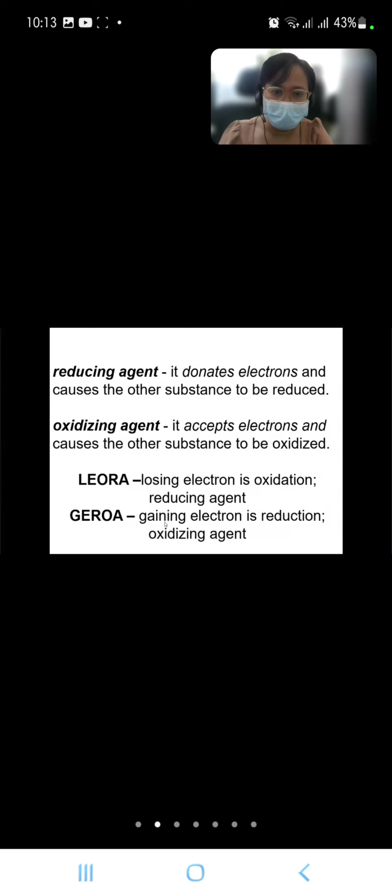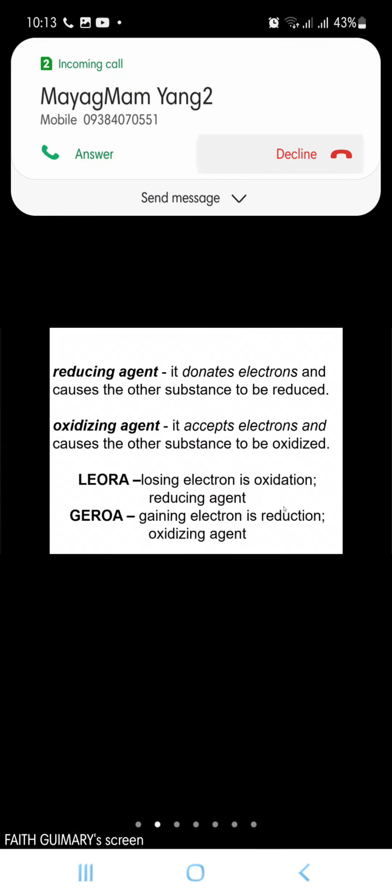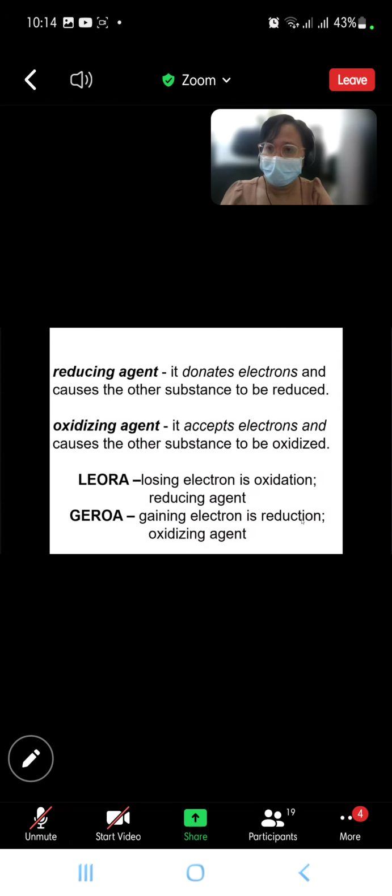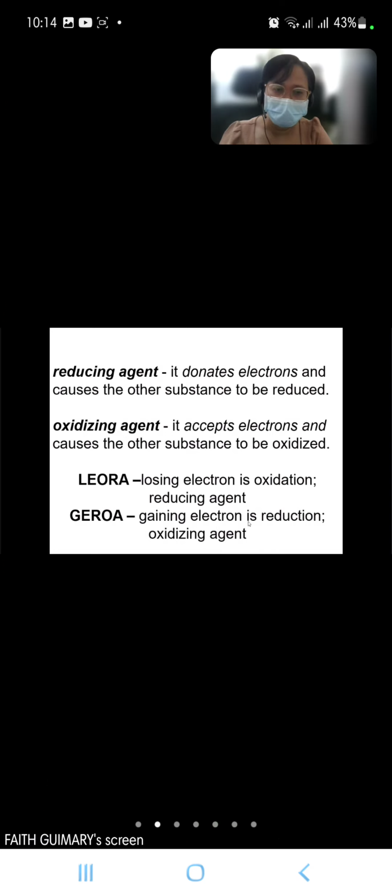GEROA, gaining electron is reduction, and it is the oxidizing agent. The one that gains electron undergoes reduction, and it is the oxidizing agent. The one that loses electron undergoes oxidation, and it is also the reducing agent. Okay.